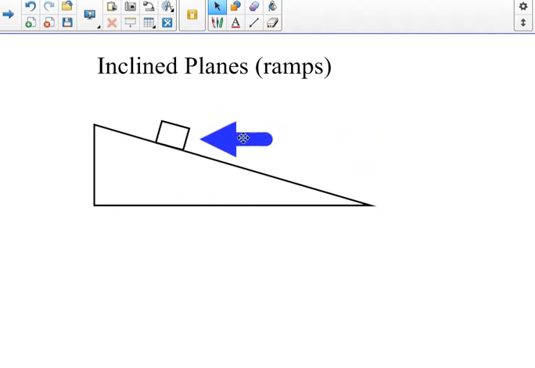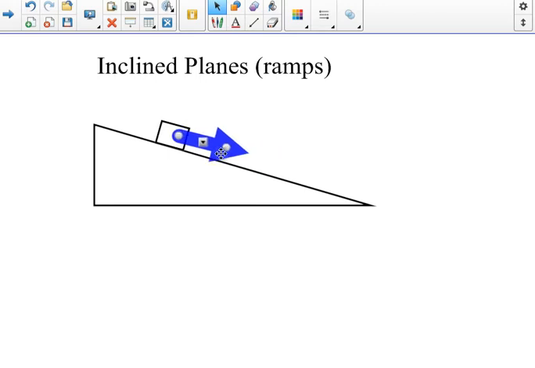So the weight is involved in pulling it down the ramp, and the weight is also involved in keeping it on the ramp. So in other words, the weight is doing this and this at the same time.